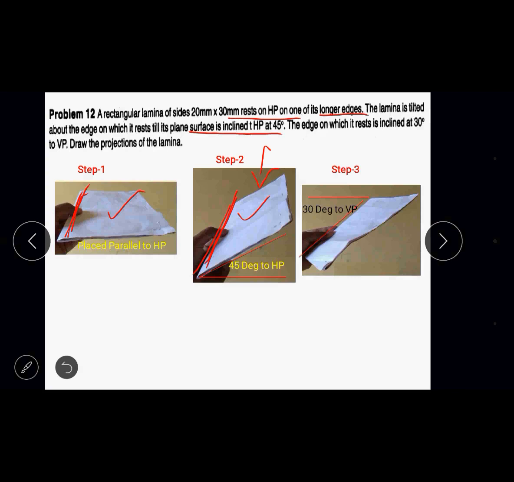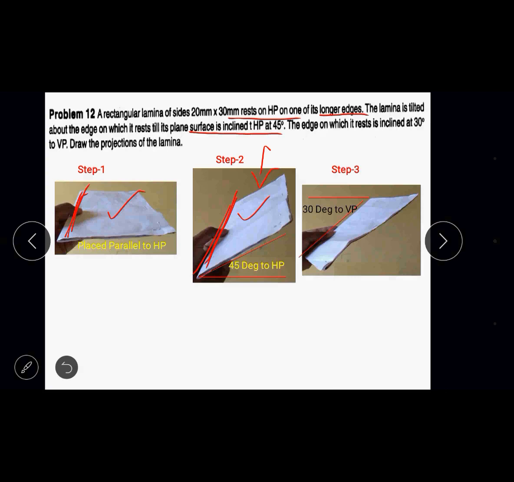And then the front view: if you observe the lamina just opposite to you, on the opposite wall, that is the vertical plane, you will get a 45 degree line. So the front view of the lamina in step 2 will be a 45 degree line, and the top view will be an irregular rectangle. So this is step 2.